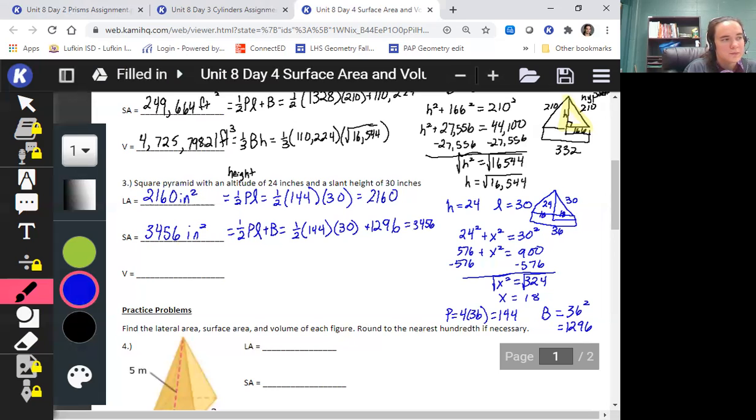And then we need our volume. Remember, your formula for volume is 1/3 times the area of our base times our height.